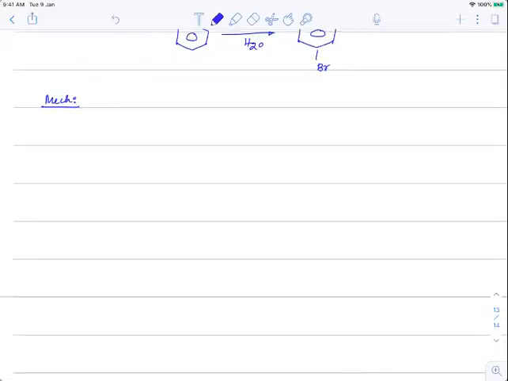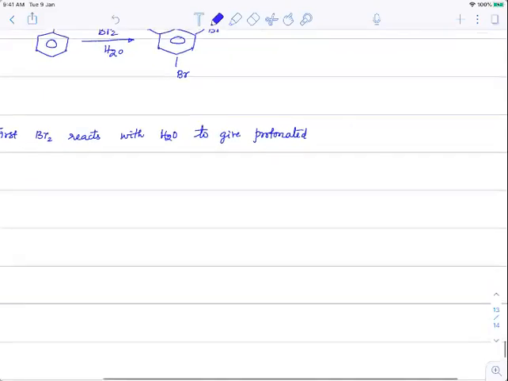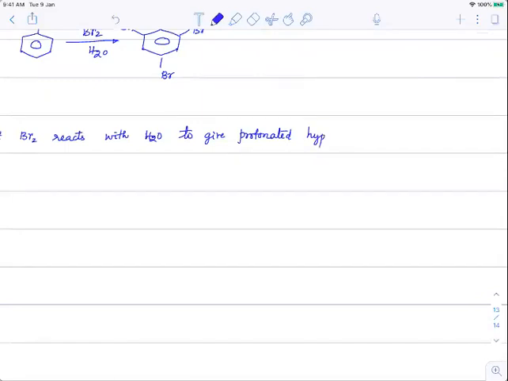Firstly, beta, the pointer which we need to remember is that first Br2 reacts with H2O to give protonated hypobromous acid.